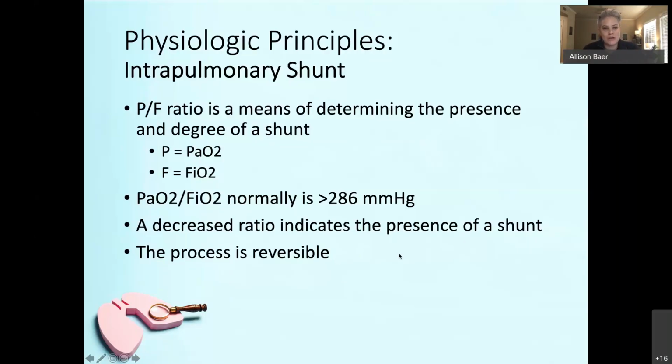But the less airflow you have into your lungs, going up on the oxygen has less and less of an effect. So if your VQ mismatch is really big because air is not getting to the alveoli because of either being filled with fluid or some other kind of blockage, then going up on your FiO2, that air's still not getting into the alveoli. So if there's still a big shunt, you're still not getting that air in there. Turning up the FiO2 is going to have less and less of a return on your investment, basically.